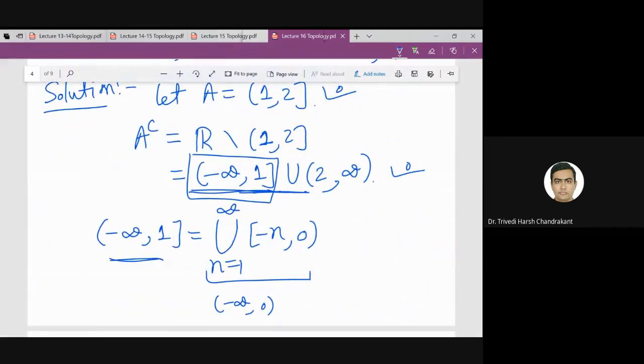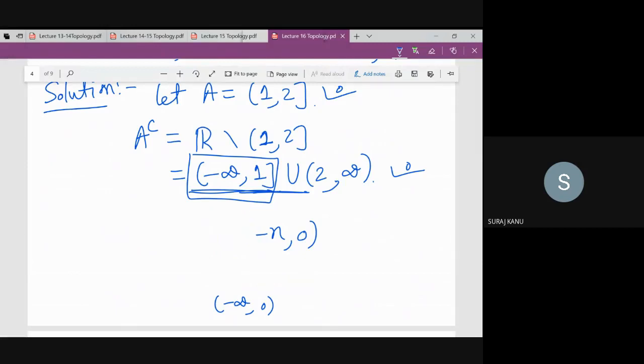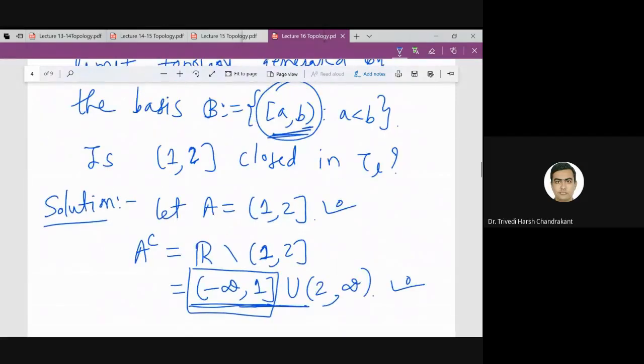So this is a difficult question for me actually now. I think using the complement. I'm asking whether this set is closed in the lower limit topology.